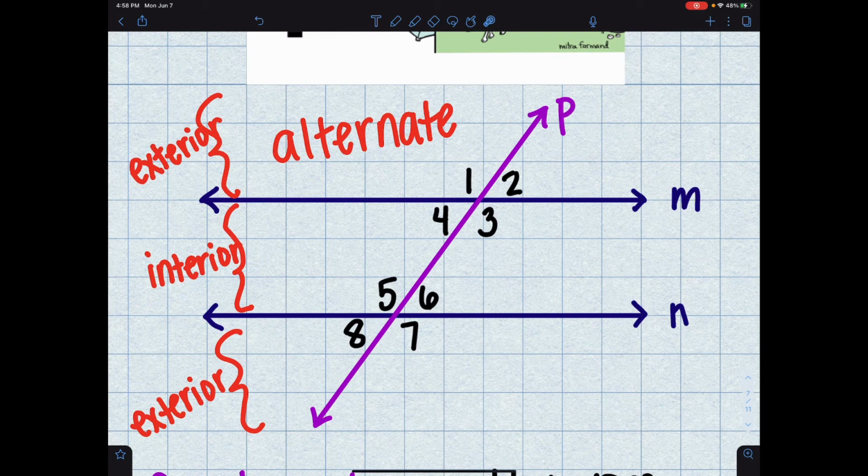Can you find it? Angle 3 is an alternate interior angle to angle 5, because these are both fat. So you've got a fat person on this side and then a fat person in the alternate universe. It's obtuse, they're still interior, and they're alternate because they're on opposite sides of P.